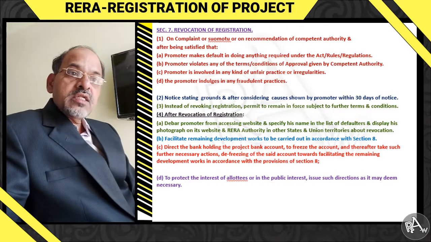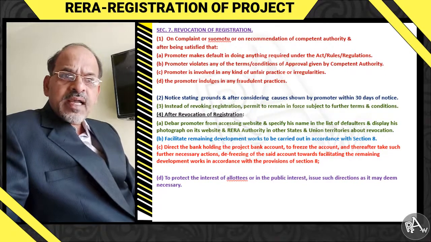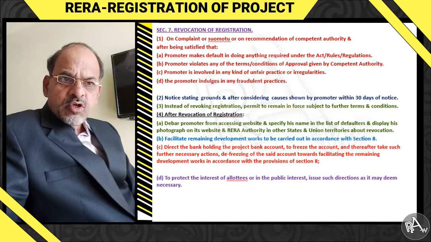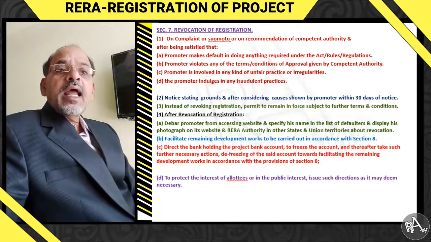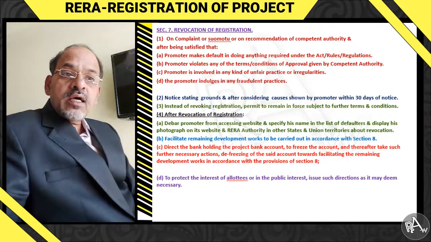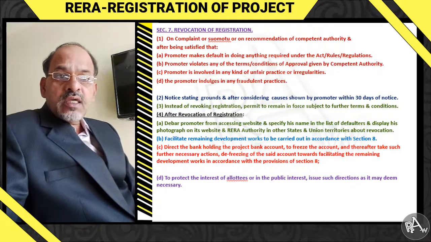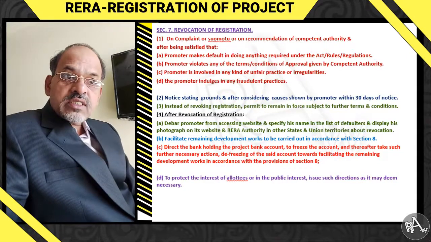The registration can be revoked by the authority on a complaint made by the competent authority, a statutory authority, an allottee association, an allottee, a legal body, or any other association or body working as an association of consumers also.